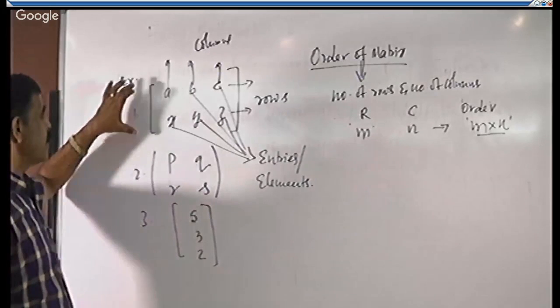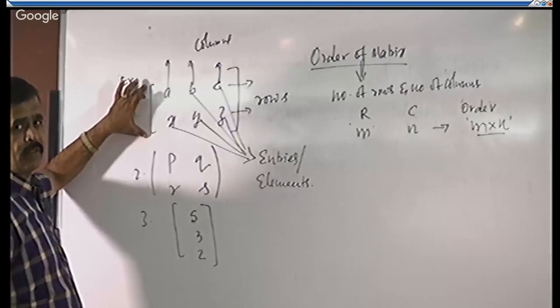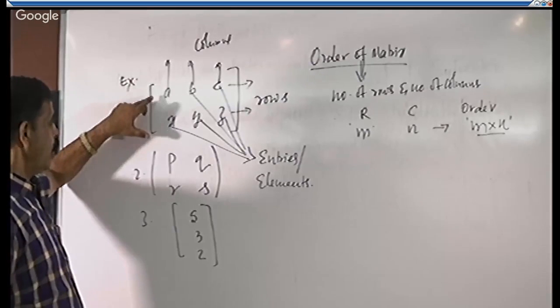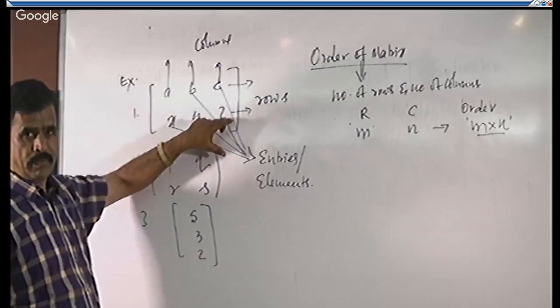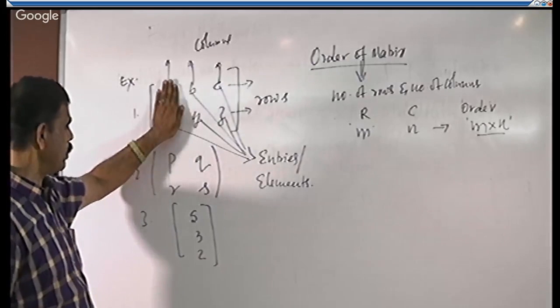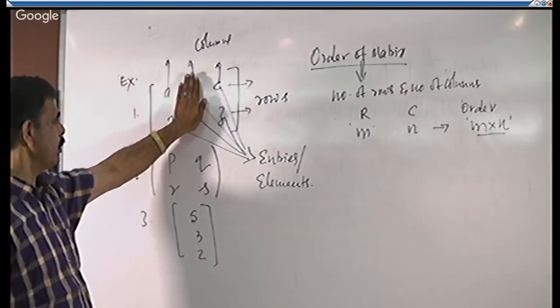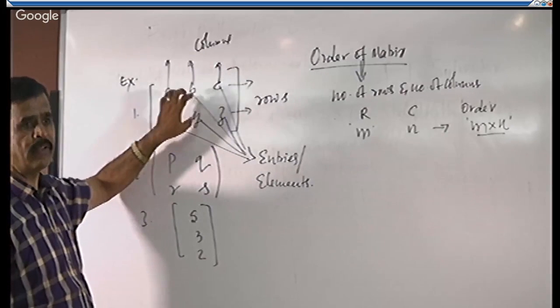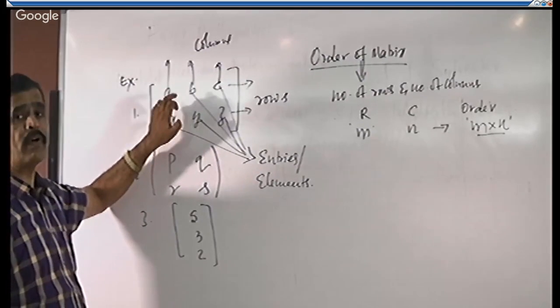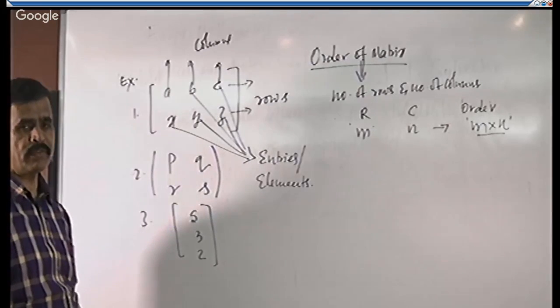Take the example, this one, first matrix. How many rows are there? First row, second row. There are 2 rows. And how many columns are there? First column, second column, third column. There are 3 columns. Hence, it is a matrix of order 2 cross 3.